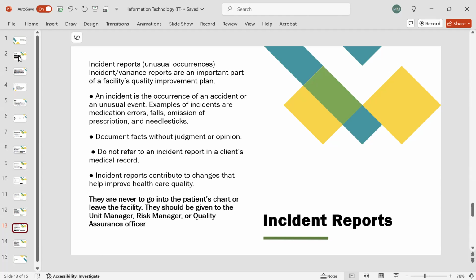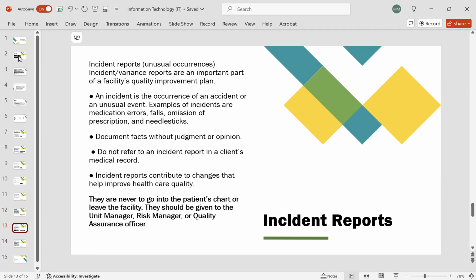And again, every facility has a little bit of a different protocol, but everybody has a QA person and everybody has a risk manager, right? And just to clarify, a risk manager is someone who gathers data and says, wow, we had 4 falls on that unit in a month. Let me do a root cause analysis and figure out what happened and what we can do so it doesn't happen again.